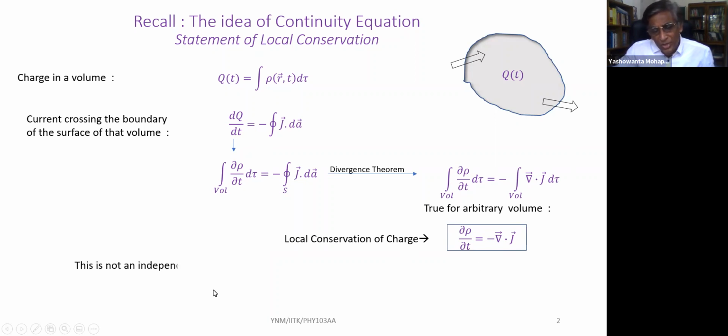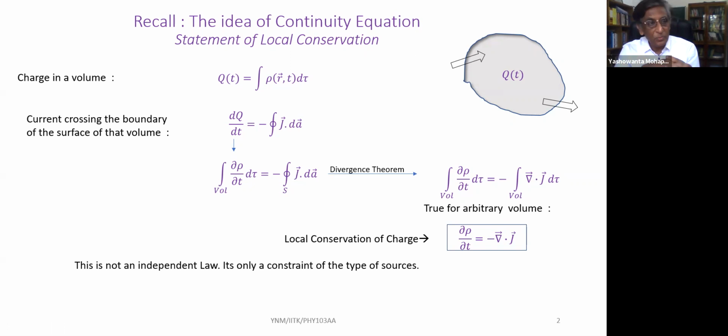This is not an independent law. It's only a constraint on the type of sources that you can put in Maxwell's equations. You remember that in Maxwell's equations, rho and J are the sources, and so they must satisfy this equation.